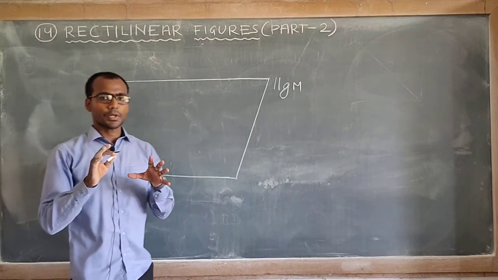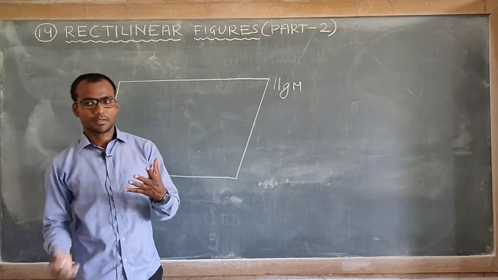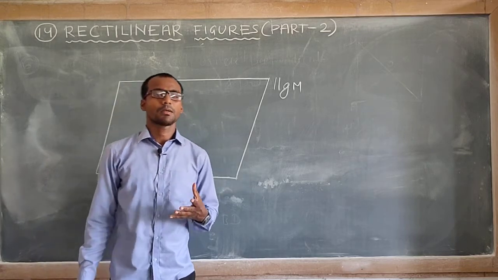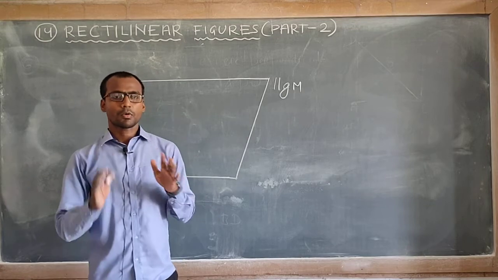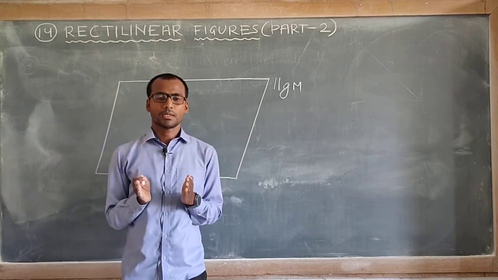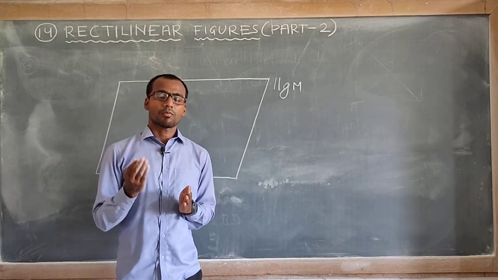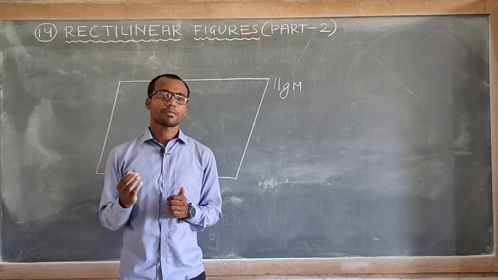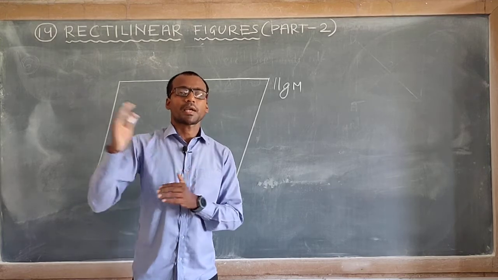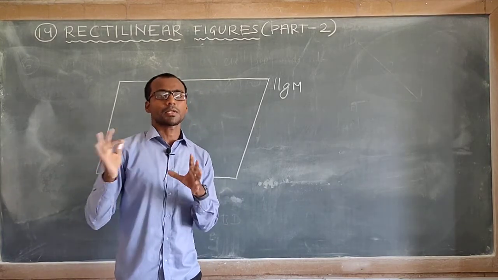Now, if you compare the properties, if you have noted down the properties, or later on you can see if you want. If you compare the properties of a parallelogram and a rhombus, you can see that a rhombus has all the properties of a parallelogram, plus some extra properties.